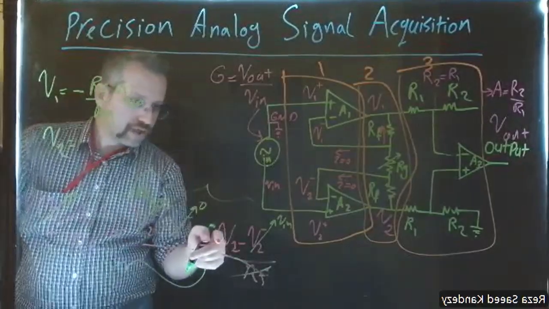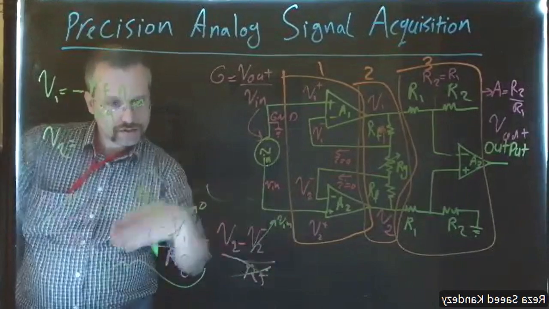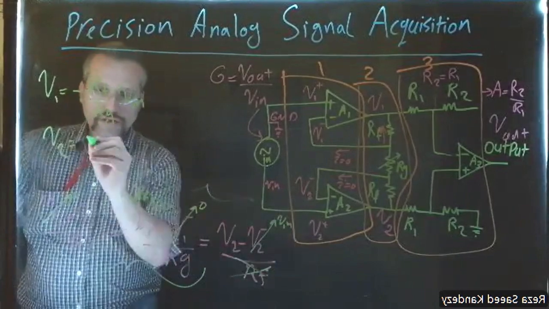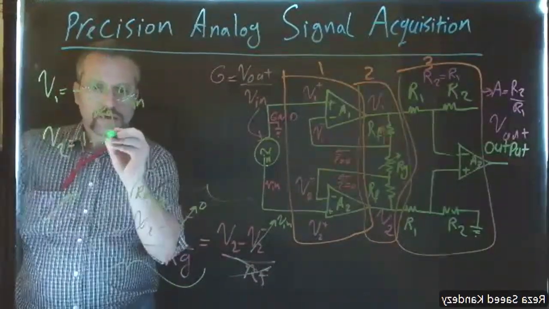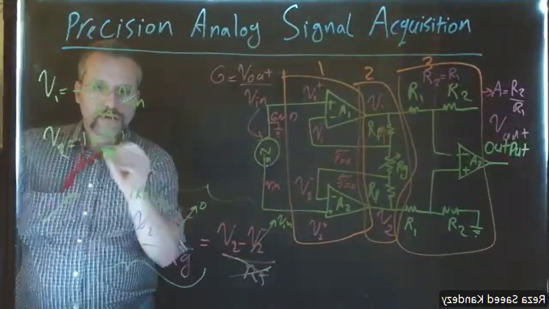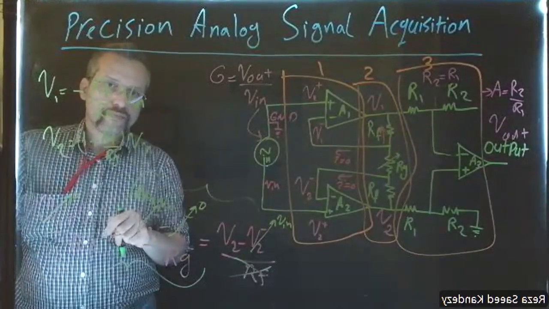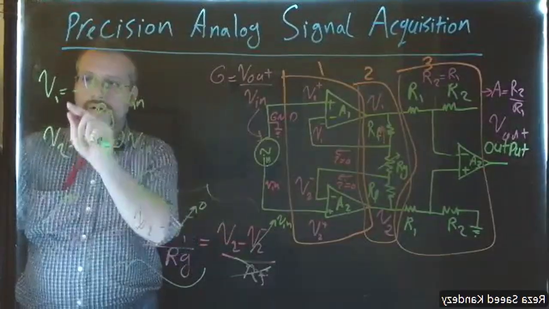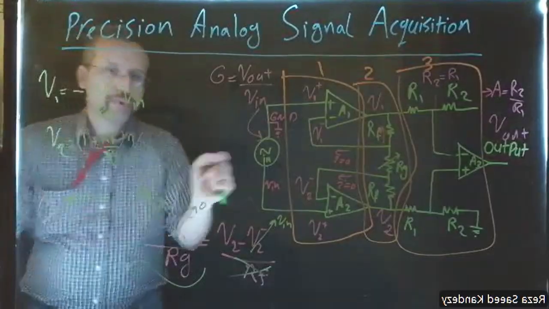Now we have V2 minus V in, we transfer V in to the other side of the equation. So it's going to be 1 plus RF over RG times V in. Okay, are we good? So far, we found V1 and V2 based on input.